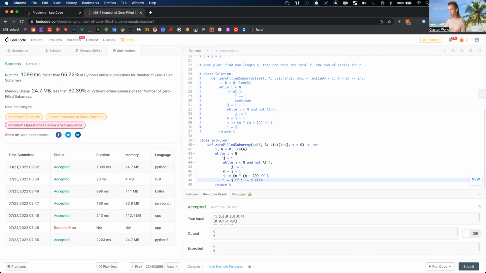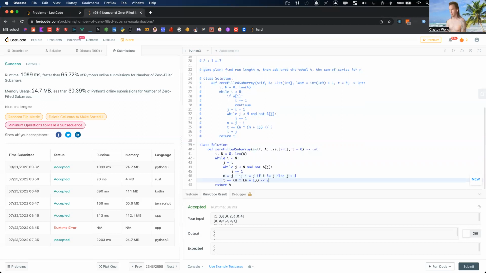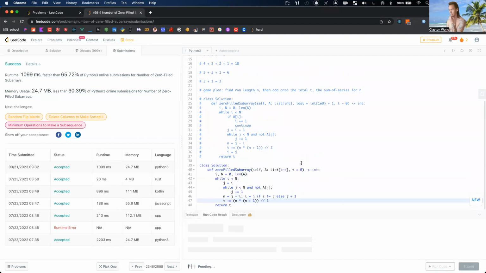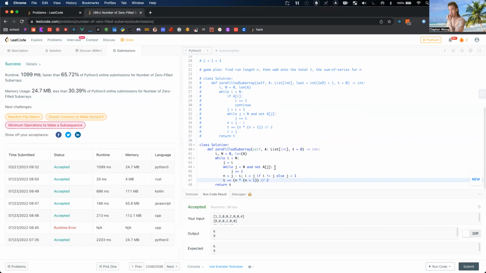Otherwise, j plus 1. Yeah, I mean, I don't know. Stick it here. It should be okay, I think. A bit cleaner. Yeah, I don't know. I mean, I commit i at the end here.